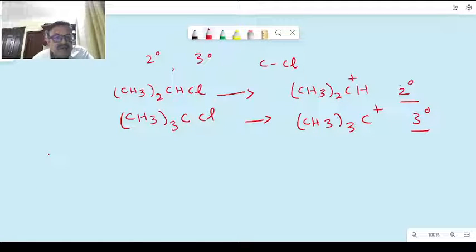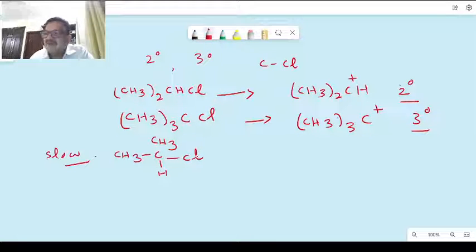What is the slow step? The slow step of the reaction, this one, say CH3, C, this is the secondary one. So this will give you a secondary carbocation which is less stable.